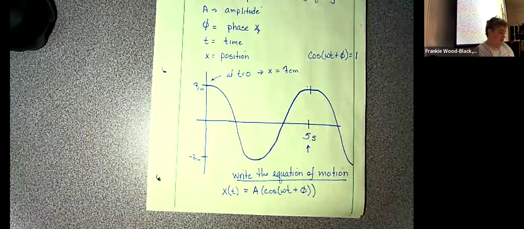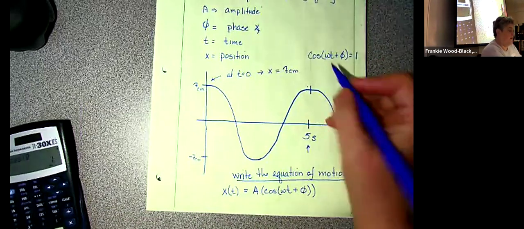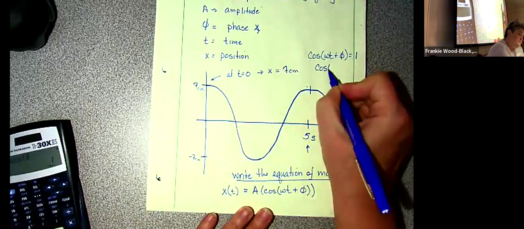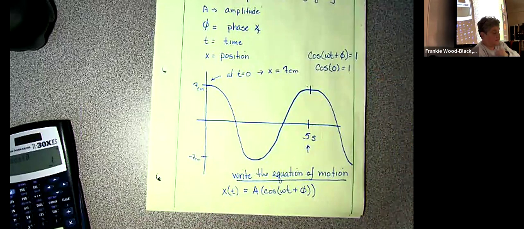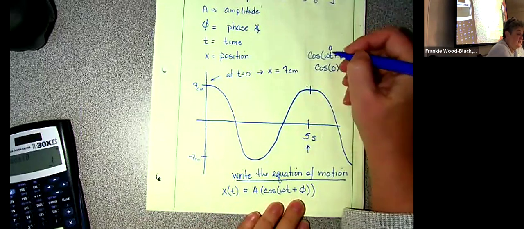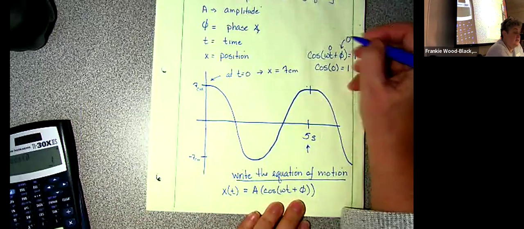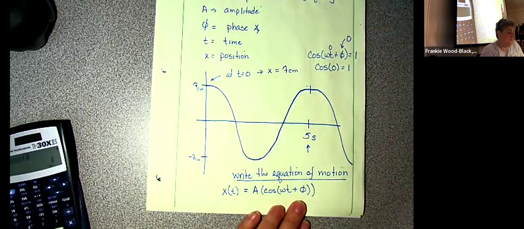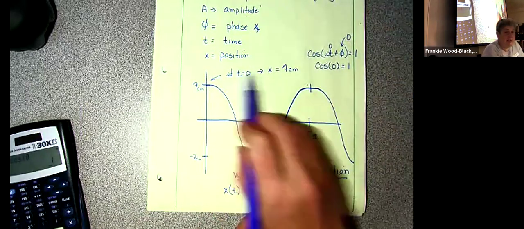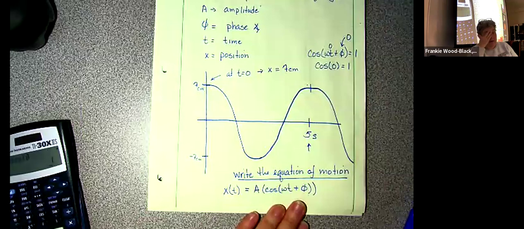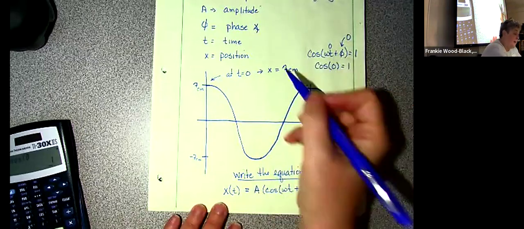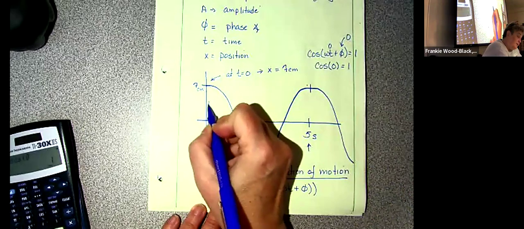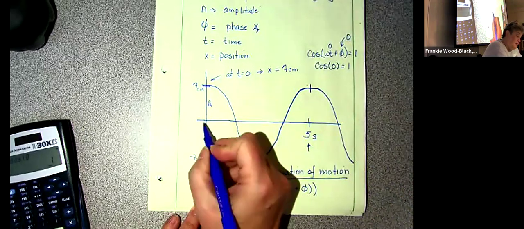And the cosine of 0 is equal to 1. t is equal to 0, so that's 0. That means my phase angle is equal to 0, because that's just telling me where I'm starting.